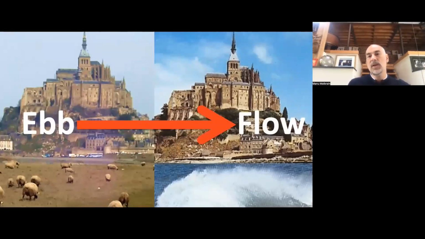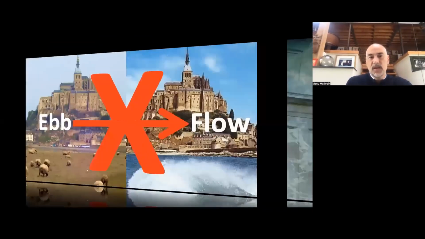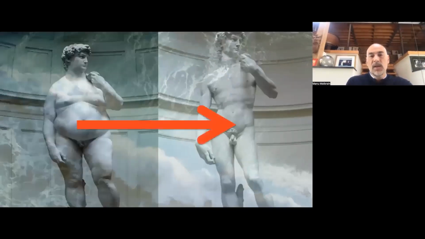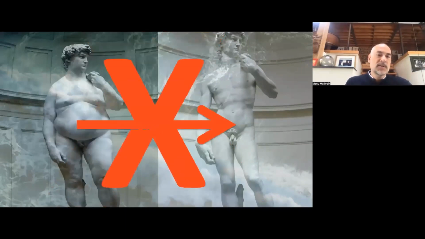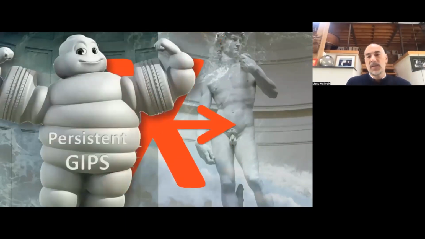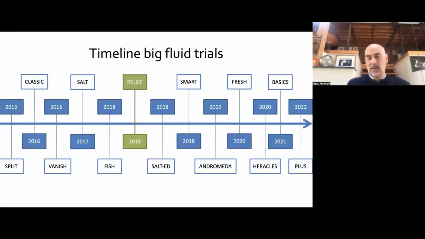This is Mont Saint-Michel in France at low and high tide, and the flow phase is what you see after tubular necrosis, the polyuric phase. So if the patient is not peeing normally and is not evacuating the excess of fluids, they are remaining in the ebb phase of shock and not transgressing to the flow phase. So this is the persistent global increased permeability syndrome.